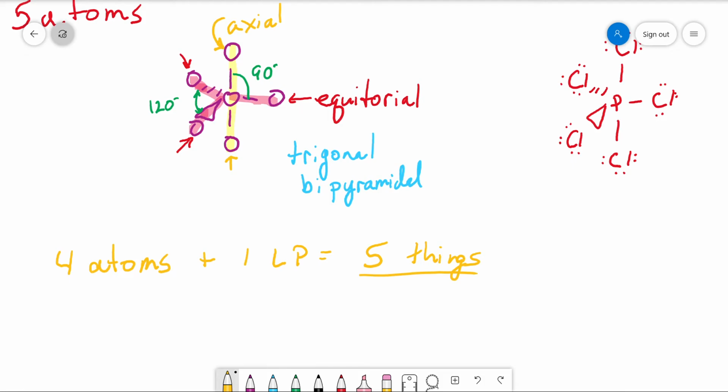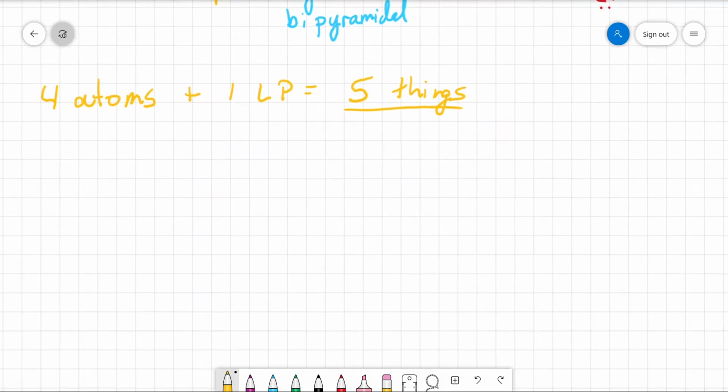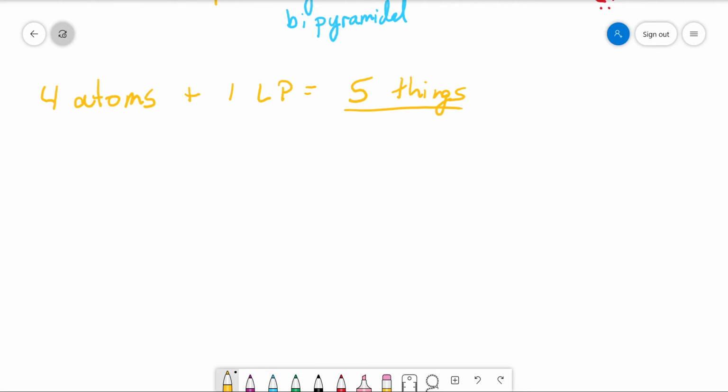And the reason it matters is because we want that lone pair to be as far away from everything else as possible.